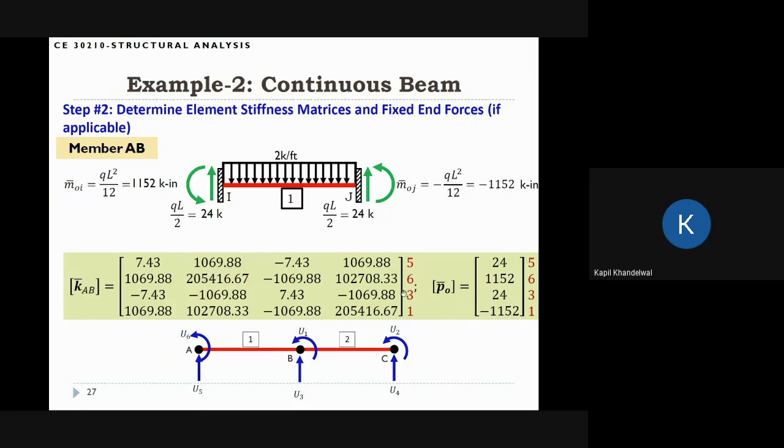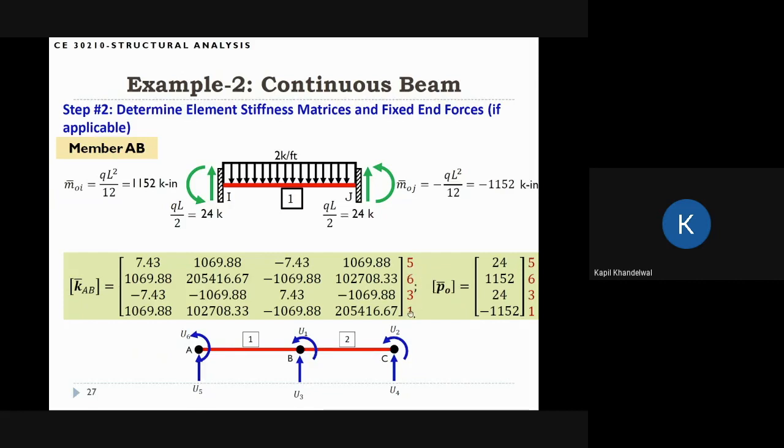And then I have to put the right degrees of freedom. For the first element, member AB, this is the I node, this is the J node. So the degrees of freedom are Vi, theta i, Vj, theta j. Vi is U5, theta i is U6, Vj is U3, and theta j is U1. So I have to put 5, 6, 3, 1.